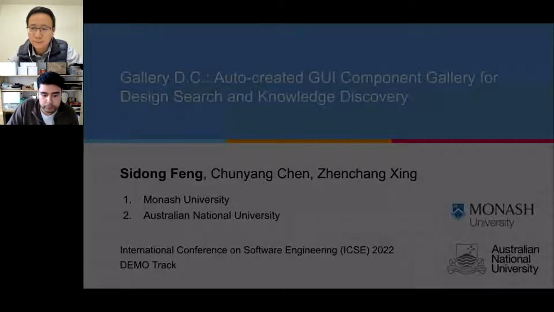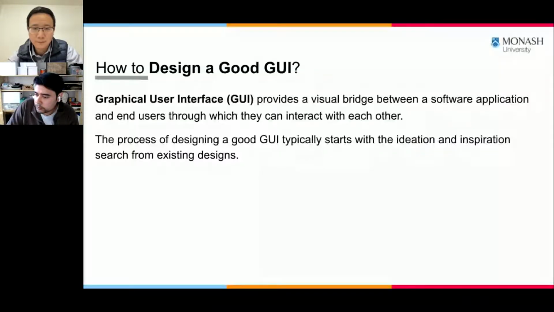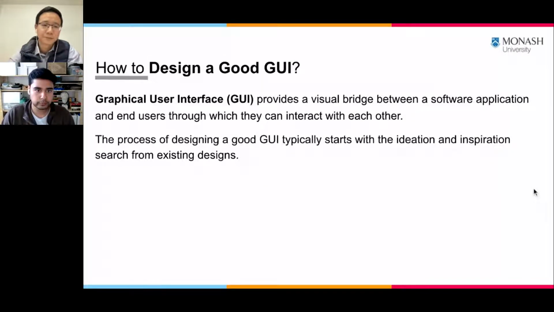It provides a visual bridge between an application and end users through which they can interact with each other. A good application is easy, practical, and efficient to use, which significantly affects the success of the application and the loyalty of its users. To design a good GUI, designers usually start with inspiration search from existing designs.